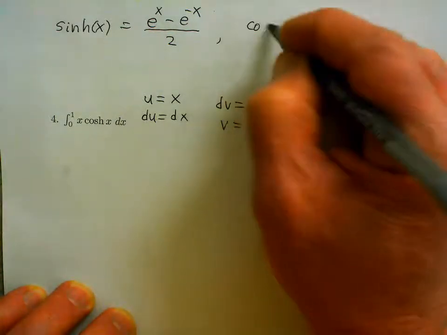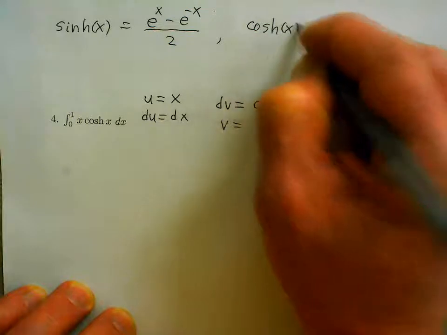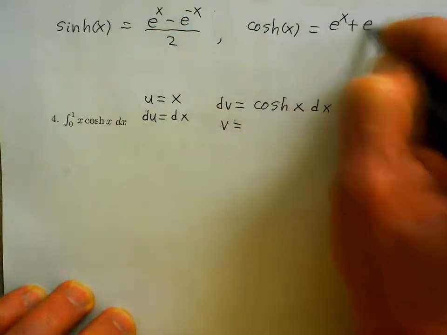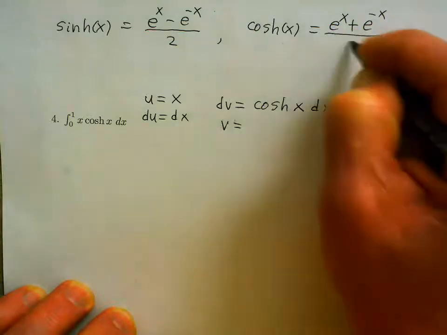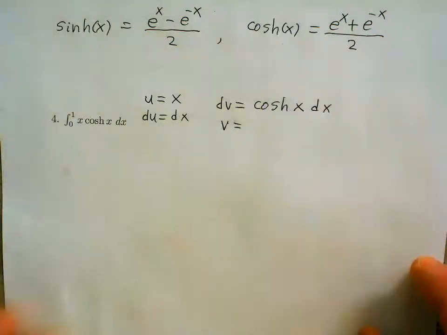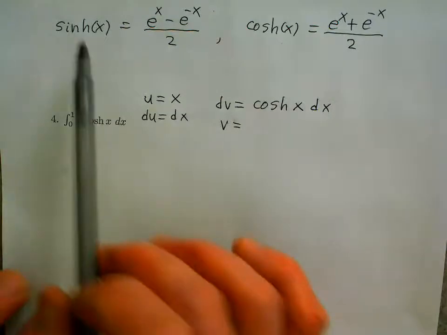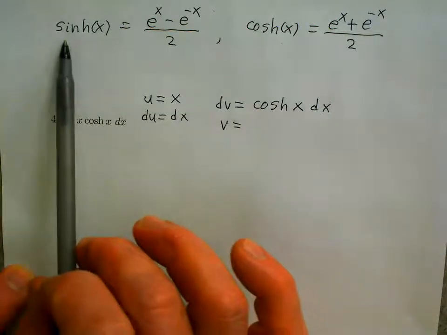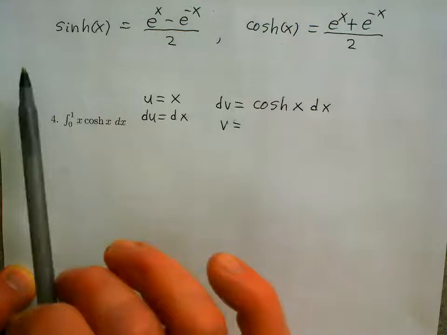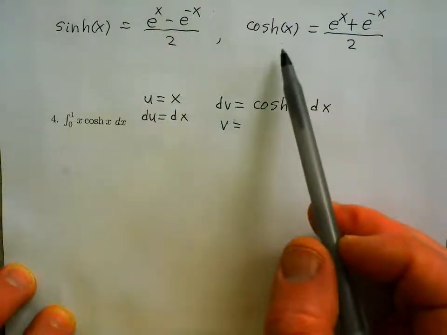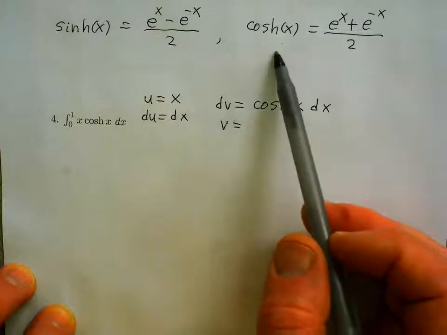And hyperbolic cosine of x is e to the x plus e to the negative x divided by 2. And we know how to find derivatives of e to the x and e to the negative x. And it's pretty easy to show that the derivative of hyperbolic sine of x is hyperbolic cosine of x, and the derivative of hyperbolic cosine of x is hyperbolic sine of x.